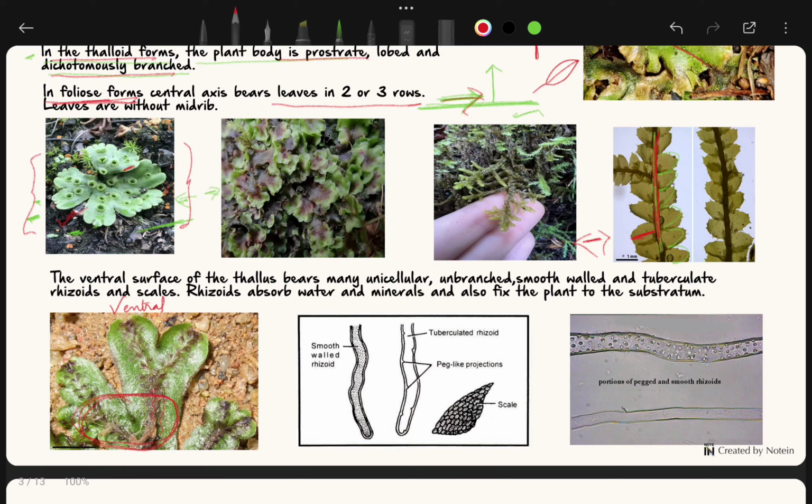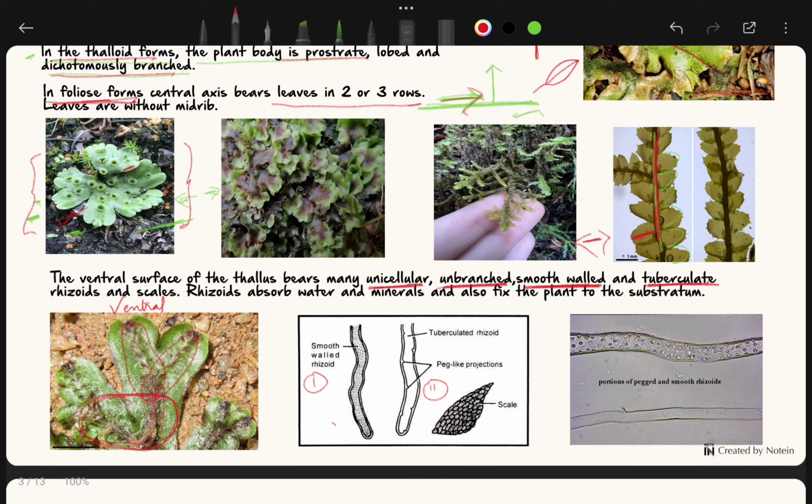So the ventral surface will have many rhizoids which are unicellular, meaning that these are single cell structures. They are unbranched, meaning that they are not branched, and these rhizoids may be of 2 types. This is type 1, this is type 2.